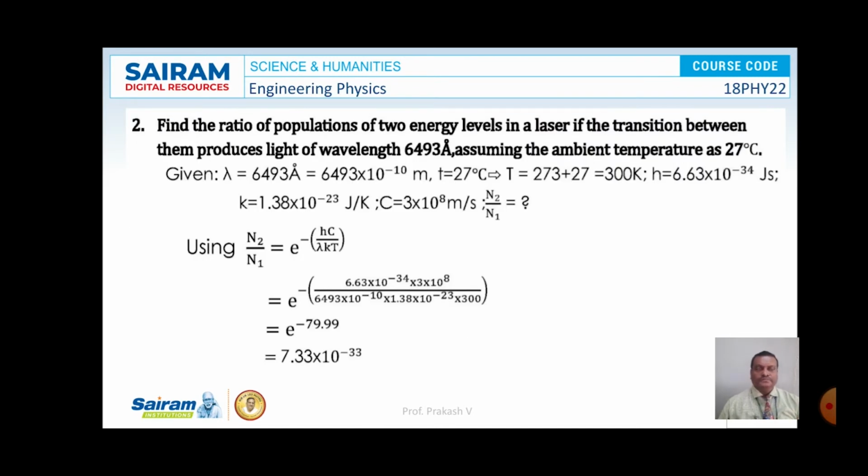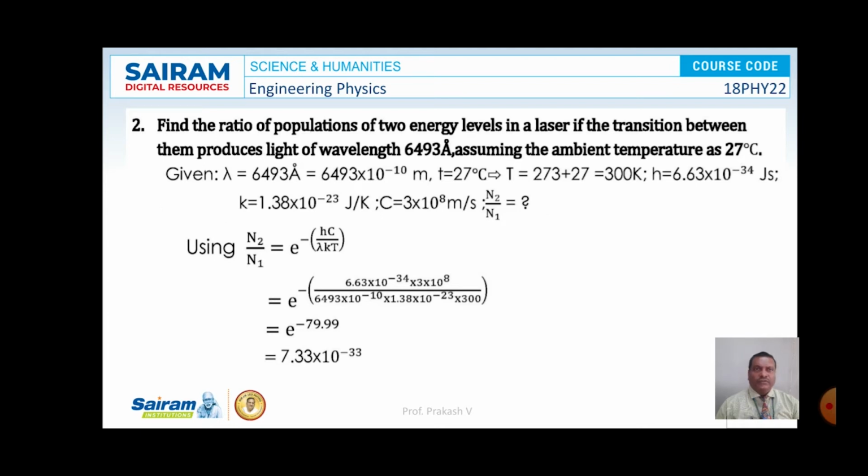Second problem: find the ratio of populations of two energy levels in a laser if the transition between them produces light of wavelength 6493 angstrom, assuming the ambient temperature is 27 degrees centigrade.